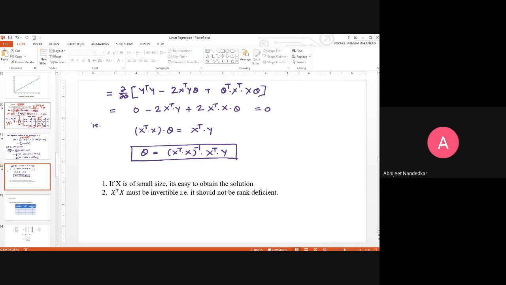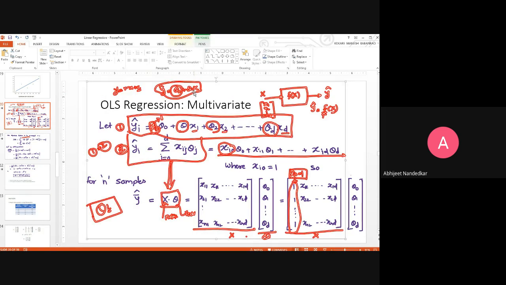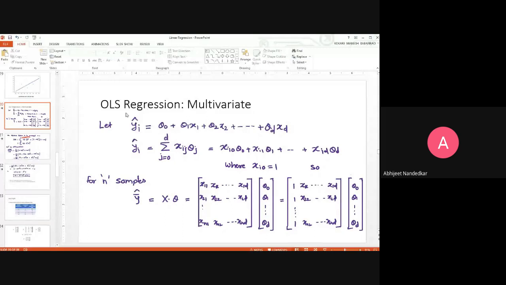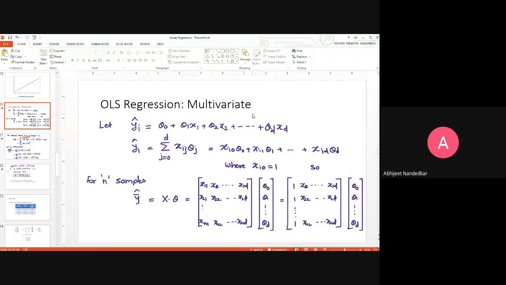I just repeat what I have said so that those who could not see earlier will be comfortable. What I have told you today is a simple thing. The estimation yi cap is equal to theta 0 plus theta 1 x1 plus theta 2 x2. So this is my model, the model which estimates some value y, provided the input is x1, x2, up to xd.